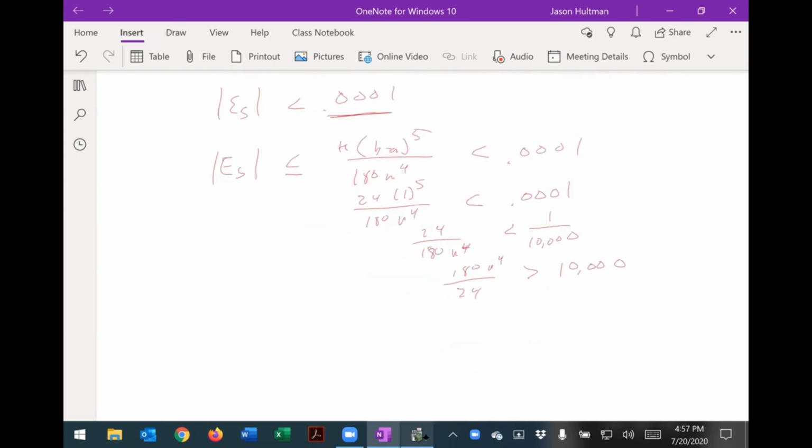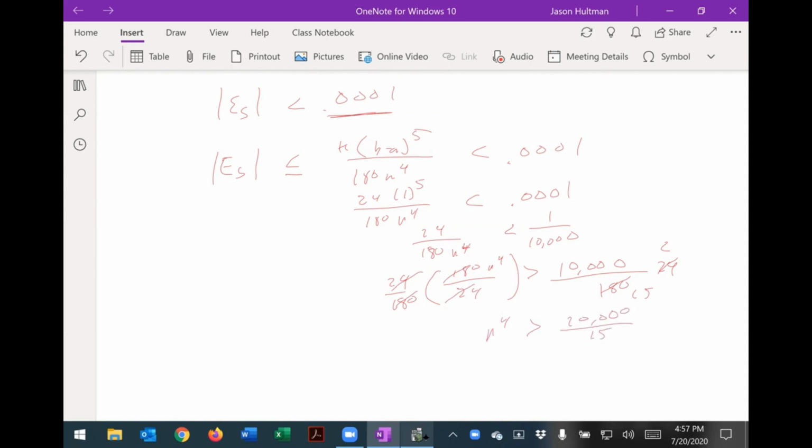So now let's multiply both sides by 24 over 180. What did we find that out to be? We found that out to be 2/15, I believe, right? Is that right? 2/15. So that cancels, and we get n to the fourth power is greater than 20,000 over 15.